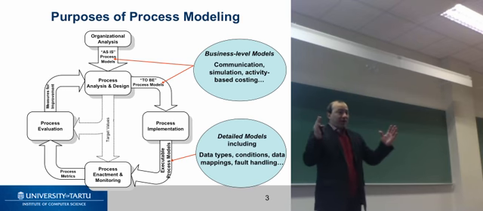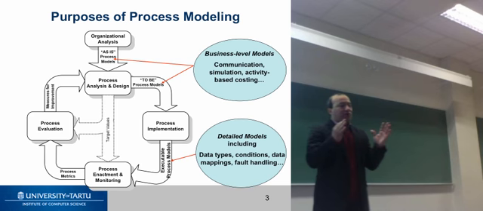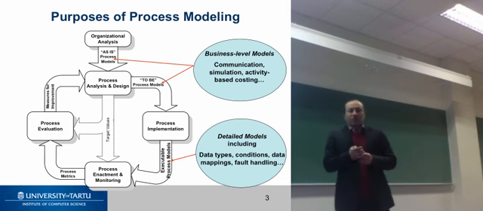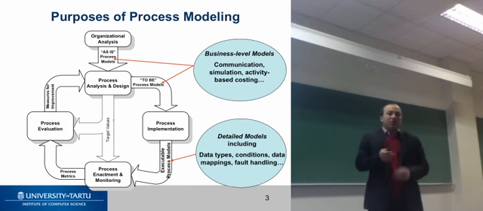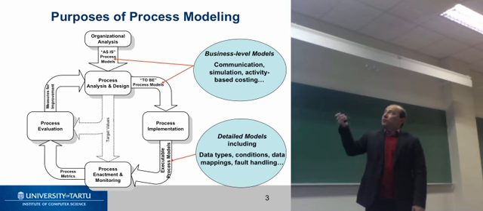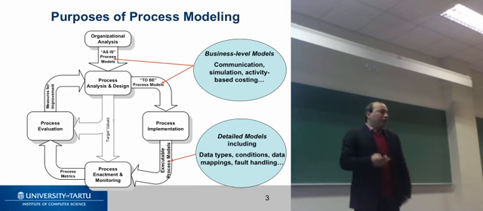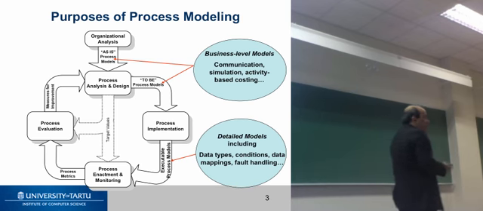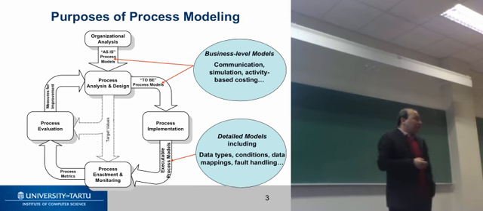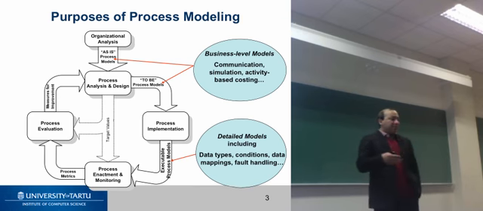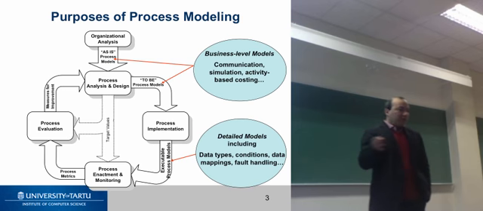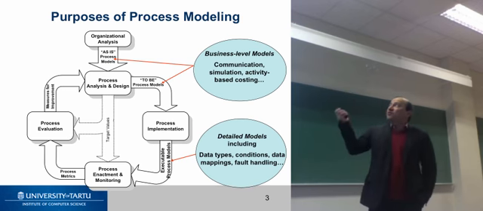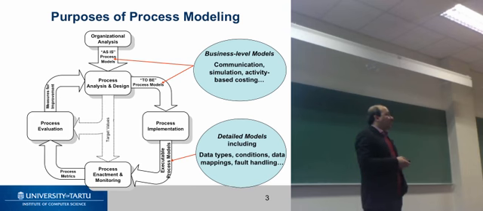For example, by how much it will reduce the average amount of time that the business process takes to complete, or how much it will reduce my costs. That's what I would call business level use of a business process model. Studies that have been made with numerous companies have shown that this is probably about 70 to 80% of the use of business process models.